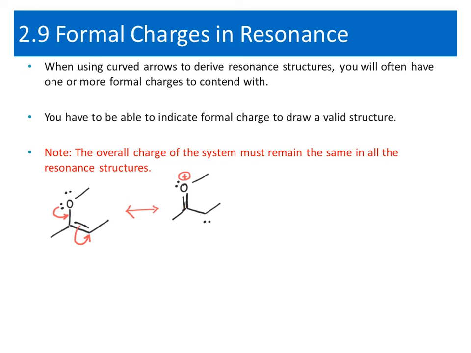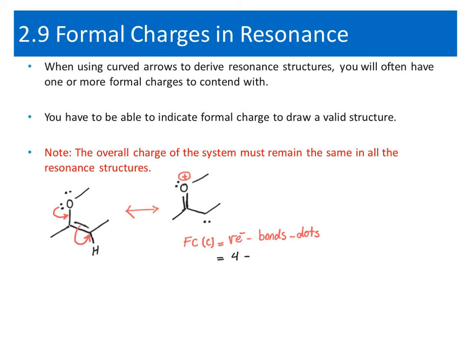Now, as a practice, we can calculate the formal charge for carbon right here. This carbon gets 0, so I don't calculate that. You can do it at home if you want. So the formal charge for this carbon would be the number of valence electrons, minus the number of bonds, minus the number of dots. Carbon is in group 4, and be very careful here, this carbon has a hydrogen attached to it.